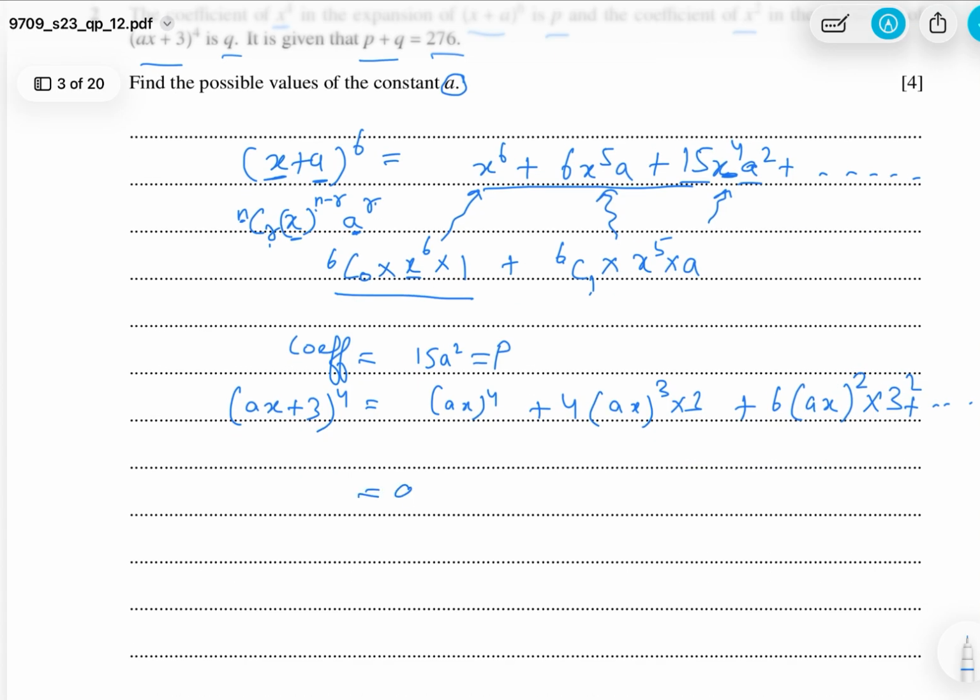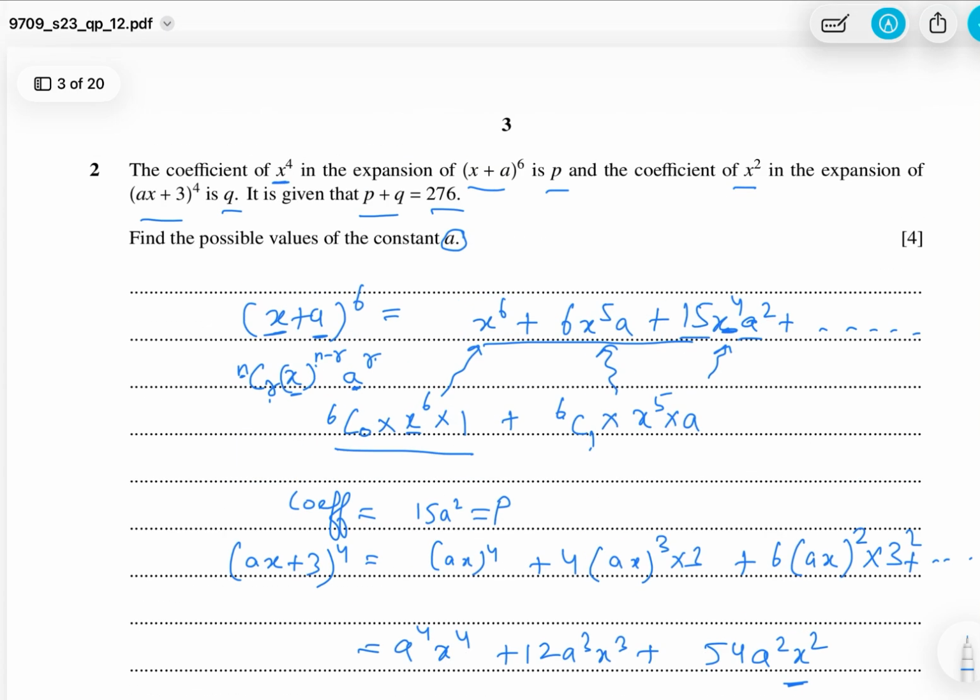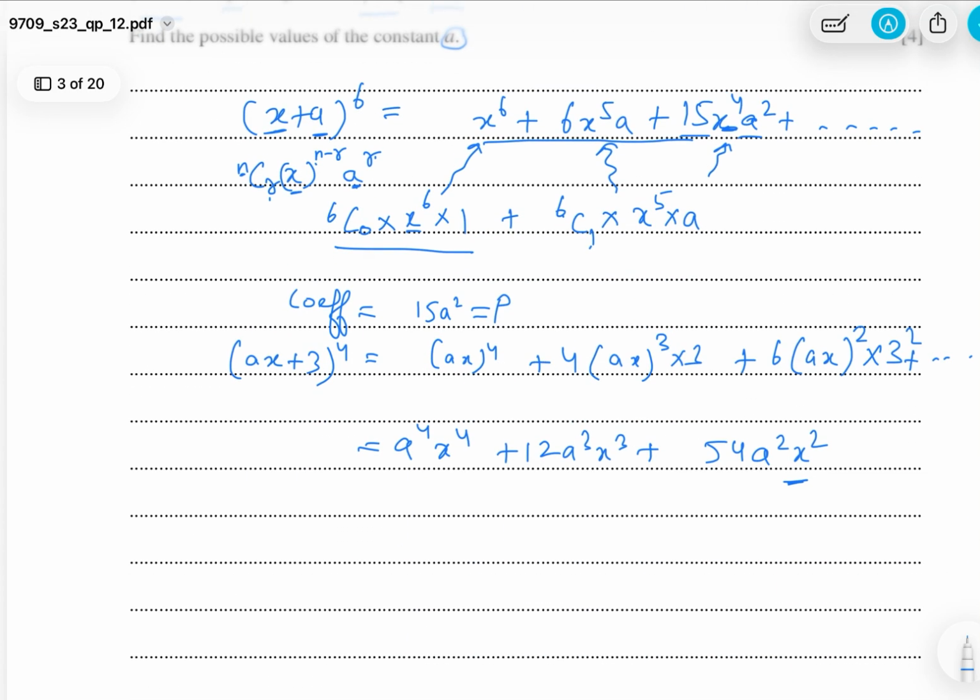Very good: a^4 x^4, 12a^3 x^3, plus 54a^2 x^2. What is the coefficient of x square? The coefficient is 54a square, that equals q.